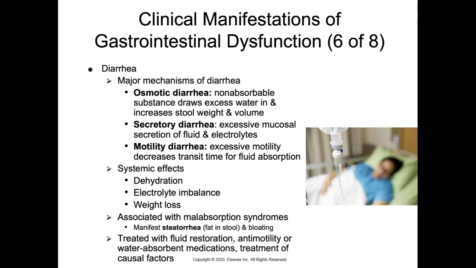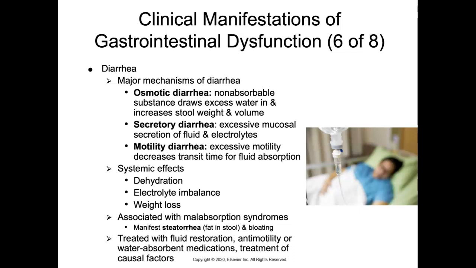So maybe it's a virus like rotavirus or a bacterial infection in which we have enterotoxins coming from something like E. coli that is going to cause diarrhea that is going to last less than 2 weeks, or that bacterial organism can secrete exotoxins. So let's say you have a C. diff type of infection that would be secreting exotoxins that are going to cause the excessive mucosal secretions.